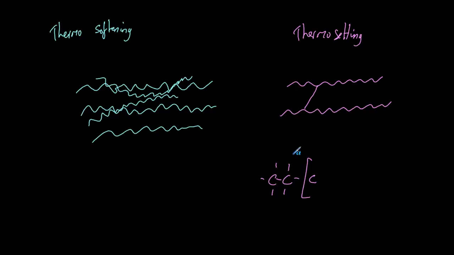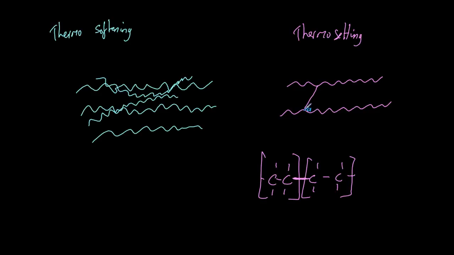So you'd have covalent bonds linking each of the monomers. I'm not going to draw the hydrogens in for now to save time, but this bond here is linking the two monomers, and this bond is a covalent bond, just like the rest of the covalent bonds in these molecules. Now, in a thermosetting polymer, this bond here is also a covalent bond.